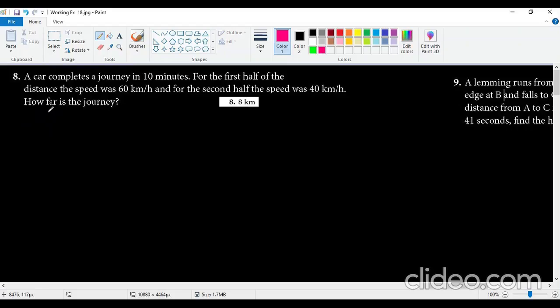Now, total distance, I will write total distance is, let's say it is 2d, and each half is d.